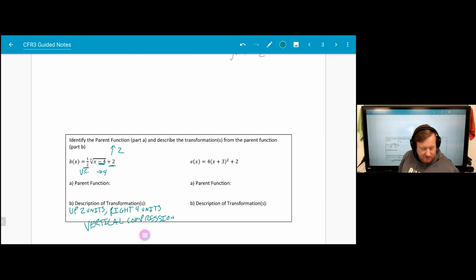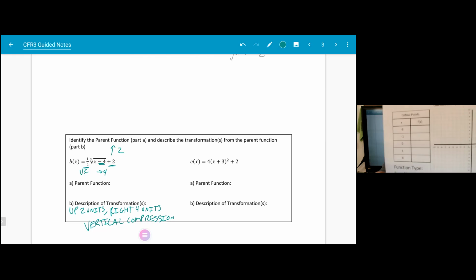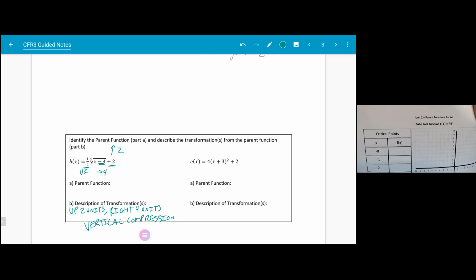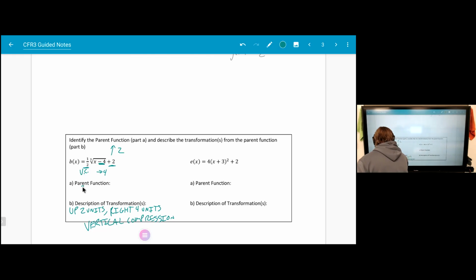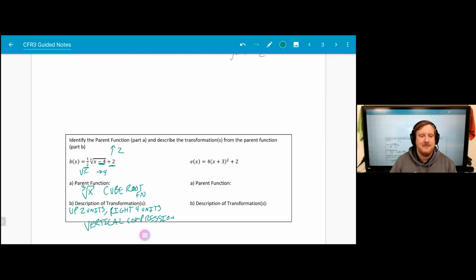Well, if you look through your parent function packet, the parent function here is the cube root function. All right, you're going to do the next one, and then you're going to check it at the beginning of part 2. See you there.